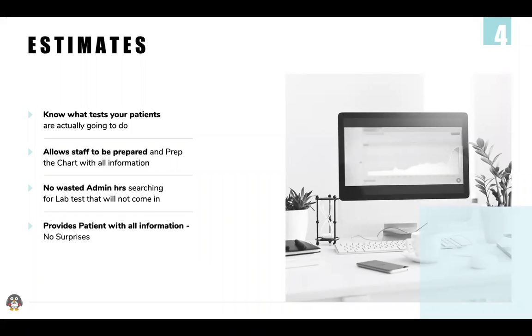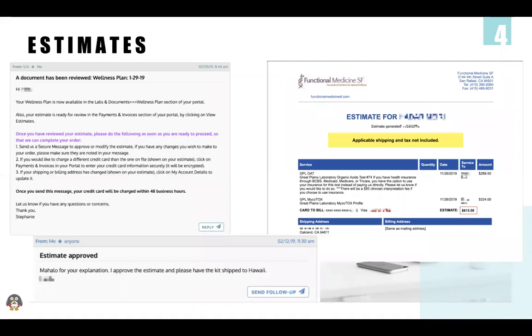Estimates. I remember Stephanie would tell her patients, go do this lab, go do this lab, go do this lab. And we never really knew what labs would be coming in. So we decided to use an estimate model. That means at the end of every appointment, the staff creates an estimate for the patient and says, based upon the doctor's recommendations, this is what she says you should do.